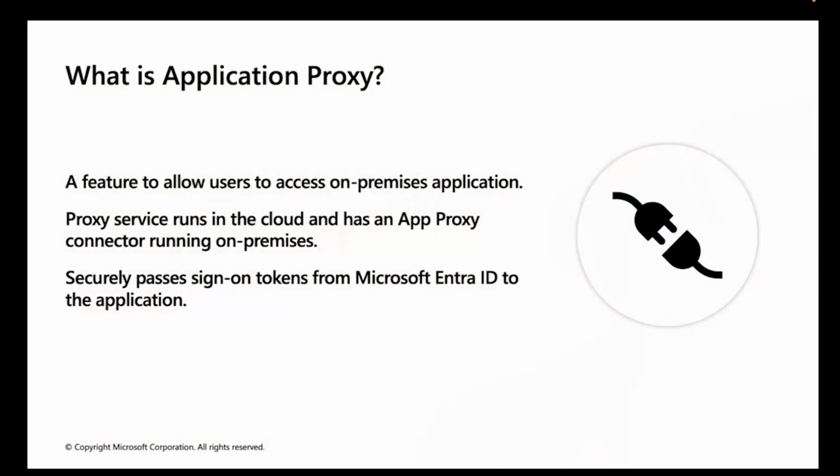For example, you have an application on-prem that you are not planning to migrate to the Azure cloud, but you want to use Entra ID capabilities like strong authentication, authorization, MFA, and conditional access. In this case, I can publish that legacy application by using the application proxy that we deploy in the cloud.